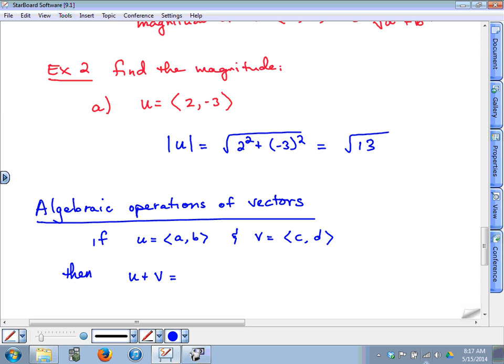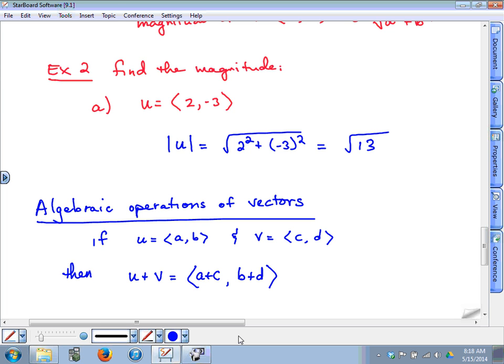Yeah, all you do is add the components. So u plus v is going to have a horizontal component of a plus c, and it's going to have a vertical component of b plus d. To add two vectors algebraically, all I have to do is add their components.